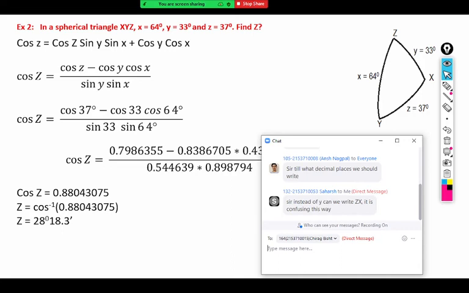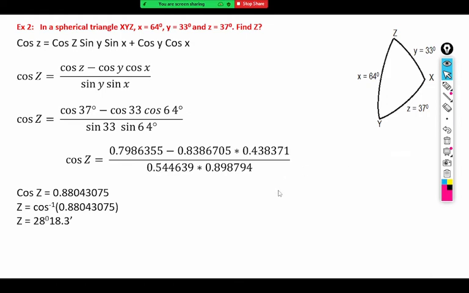While writing, yes, you can use side zx or side AB, but instead of side AB, it is written side C. In the textbook, everywhere the standard notations are followed, so the data will be given in that form the majority of the time. You can write in the side form also, that is not wrong. That is also correct. Is it clear, Saransh? Yes, sir. Okay, I'll move to the next then.